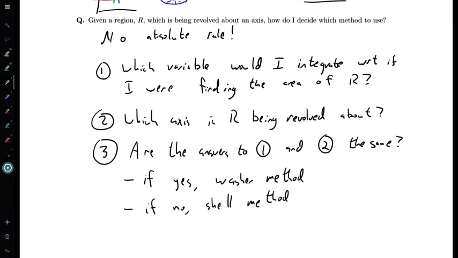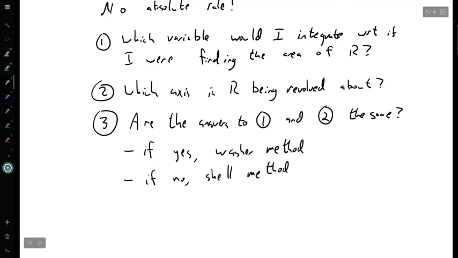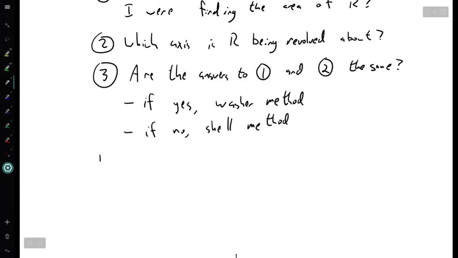Once I've done this, and I've answered the question of which method I want to use, we actually have to think about moving on here. So step 4 might be something like set up the integral. Once we've set up the integral, we want to know, well, can we integrate?